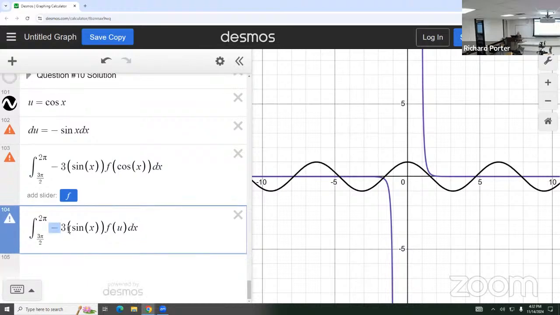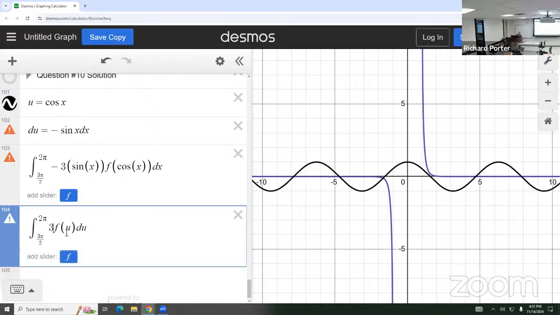The minus and the sine and the dx are going to be du. The 3 we take outside.